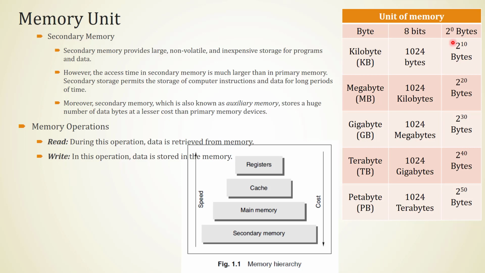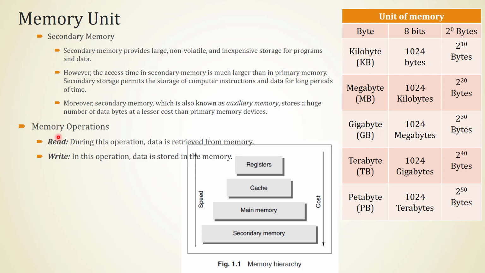Why is it a power of 2? Since a computer can only understand 2 digits, 0 and 1, that's why everything is a power of 2. So 2 raised to 10 bytes is called a kilobyte, or 1024 bytes. Similarly, 2 raised to 20 bytes means 1024 kilobytes. It is called a megabyte. So from the table, the various units of memory are clear.